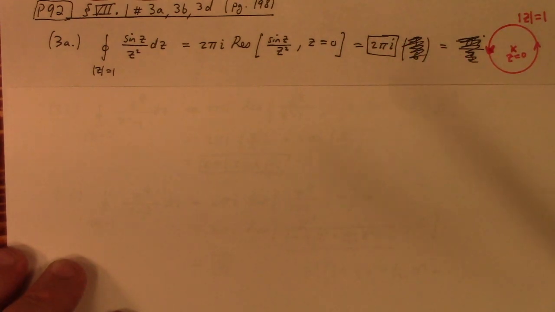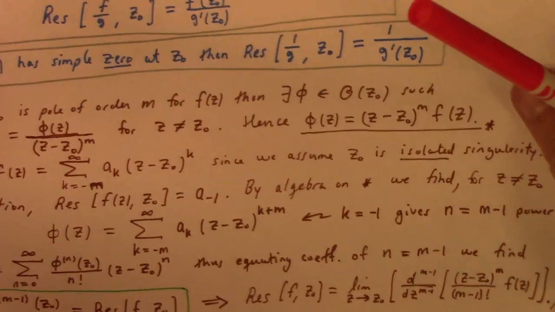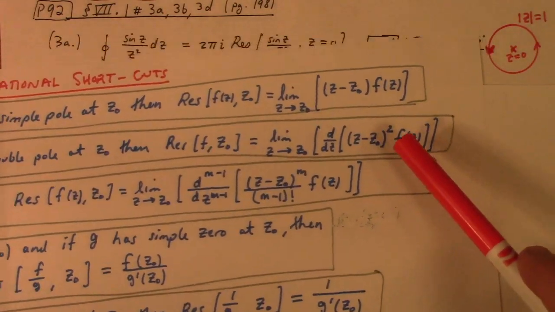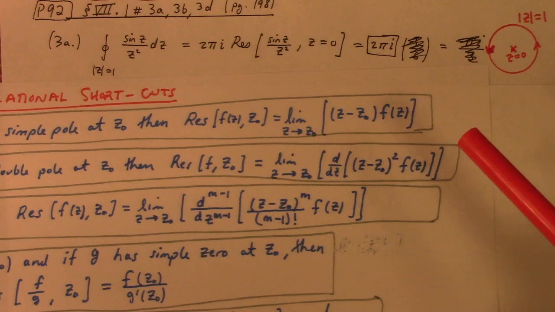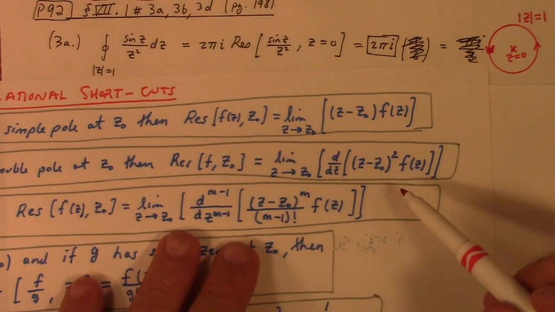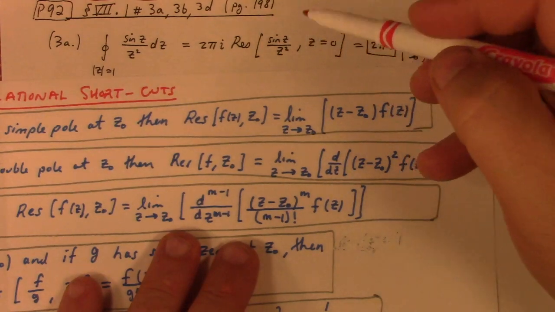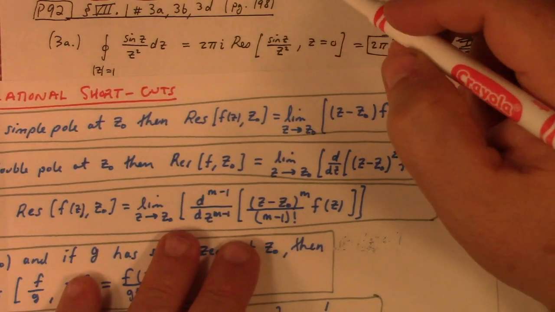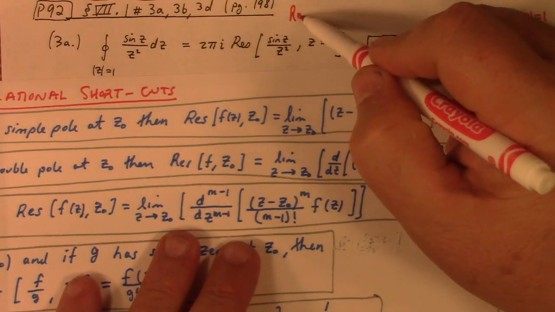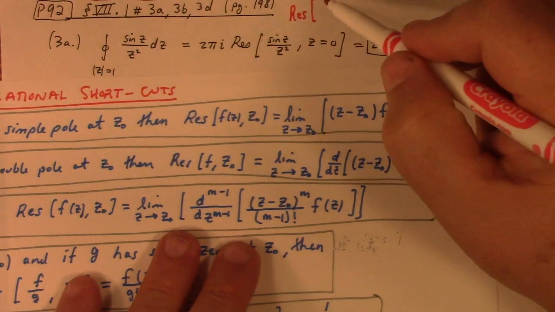So basically I'm just using the double pole. You have to think about what z minus z naught squared looks like in this context. The residue theorem for the double pole just looks like this.